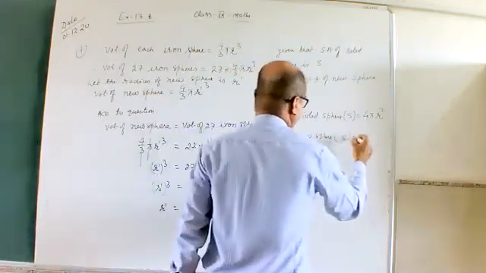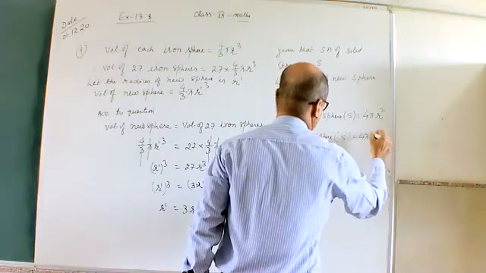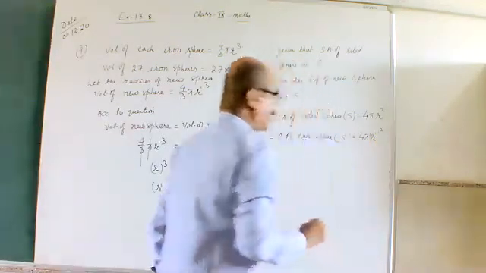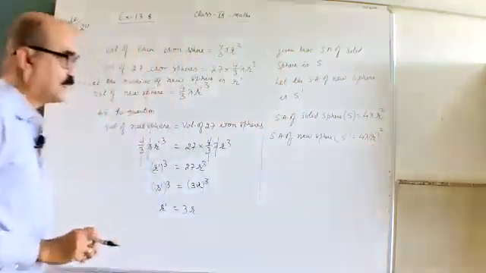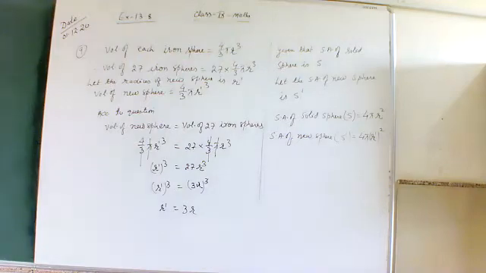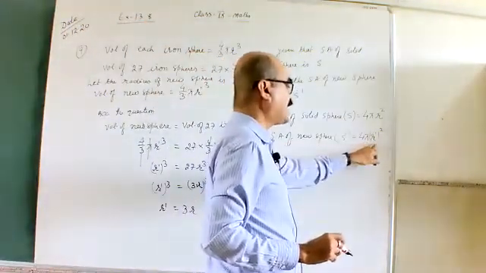Here S dash will be equal to 4 pi r dash square, because its radius is r dash.